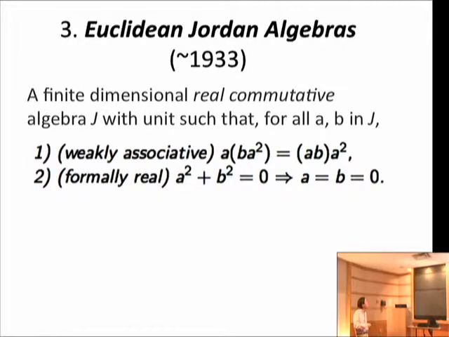And then, for the real Lie algebra, there is something called semi-simple and compact real Lie algebra, and this compact and semi-simple part corresponds to the second condition. So in some sense, the Euclidean Jordan algebra is the simplest kind of Jordan algebra, just like the semi-simple compact Lie algebra is the simplest Lie algebra.